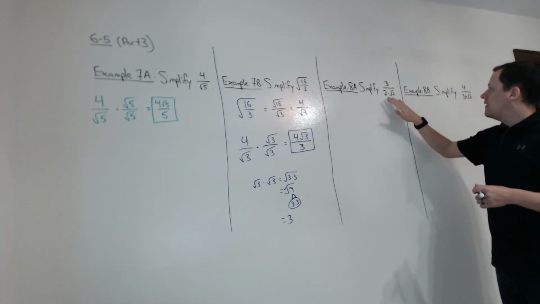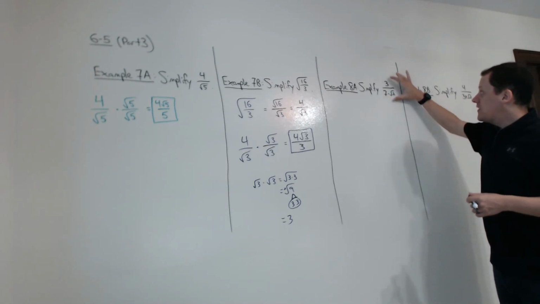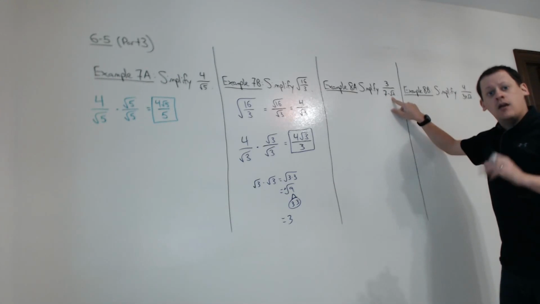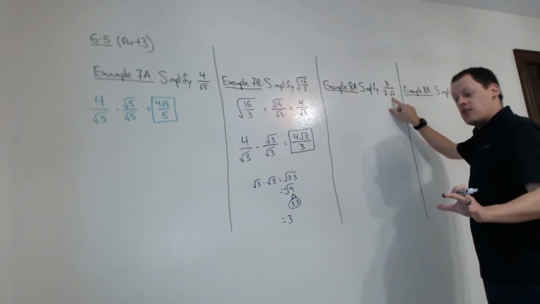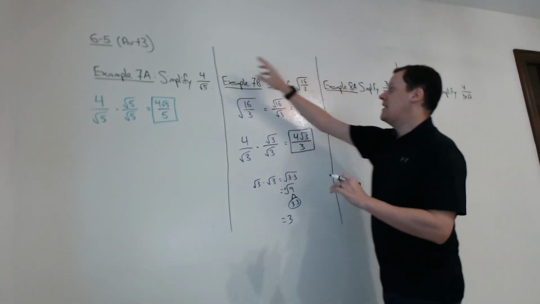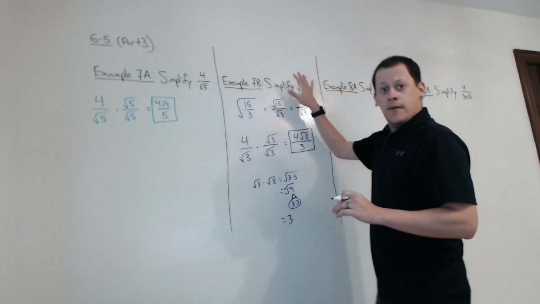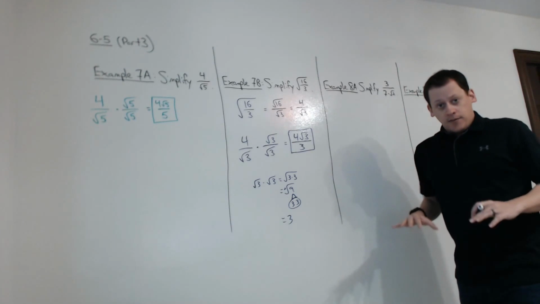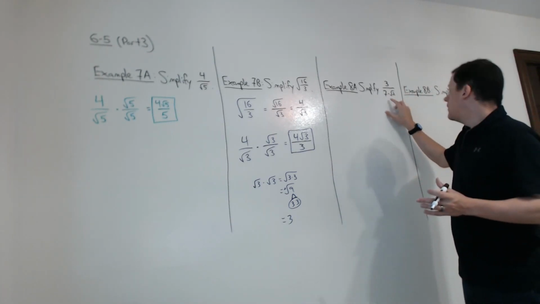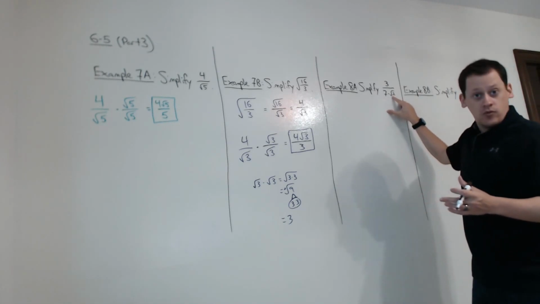Okay, we still want to simplify something that's a fraction that has a root in it, but I do want you to notice right from the start, this is very different than either of these two. Look at the bottom of the fraction here. How many terms do we have? 1, 2.